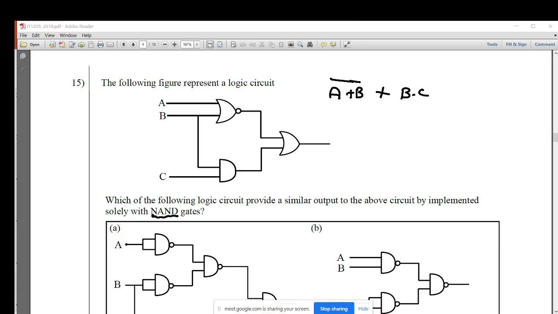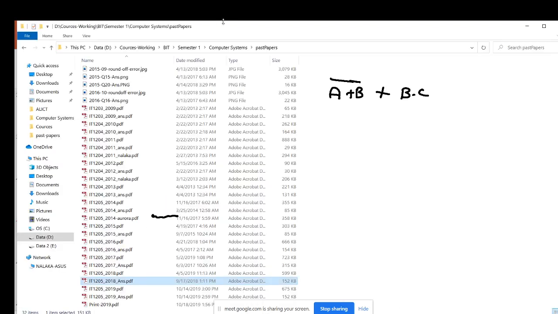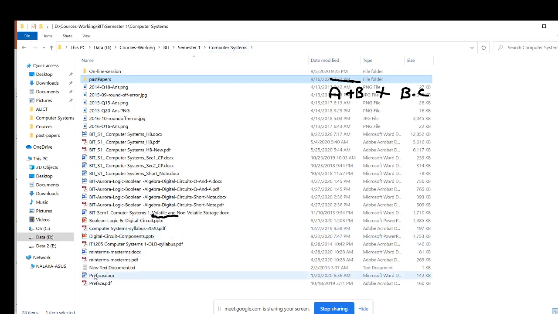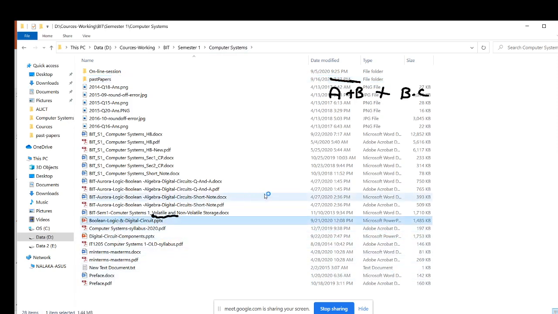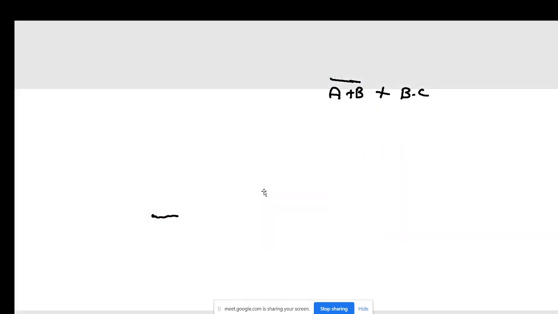We don't like OR gates because OR gates need a lot of NAND gates.